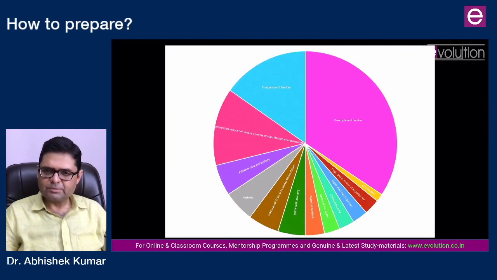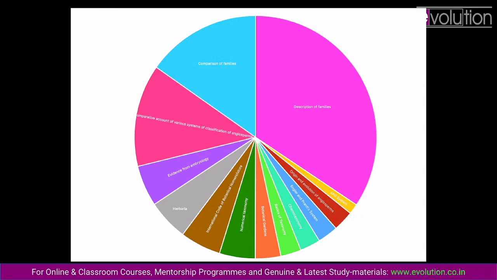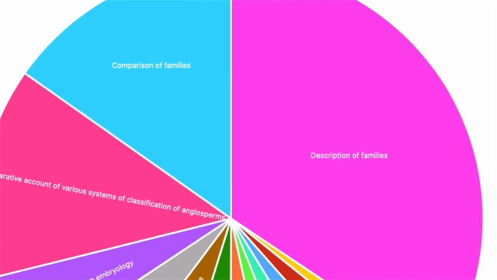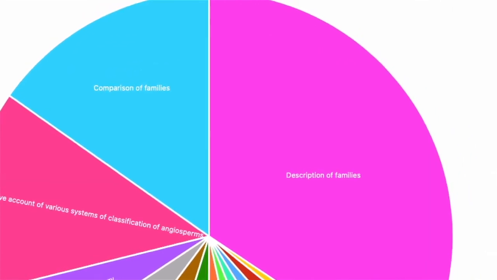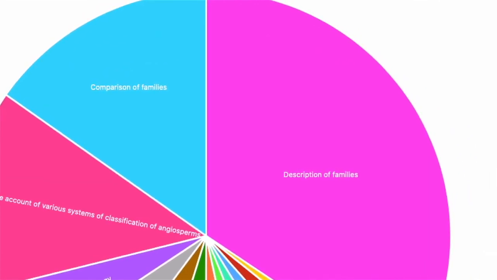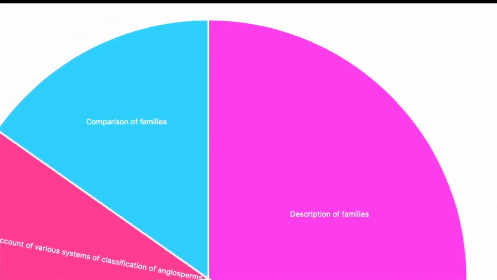This chart is important. I will enlarge this chart so that you can see it rather nicely. Now you can see it better. If you notice within the families part, description of families is more common than comparison of families.